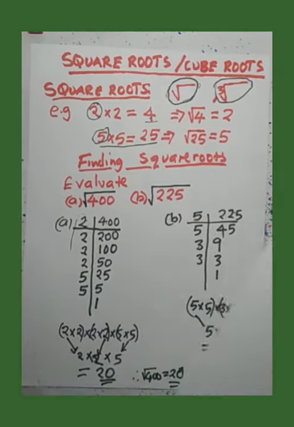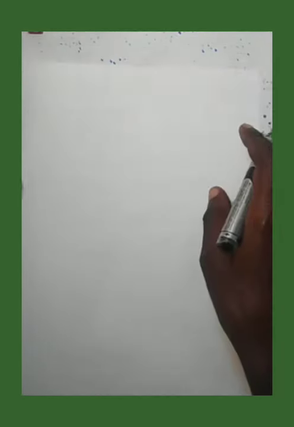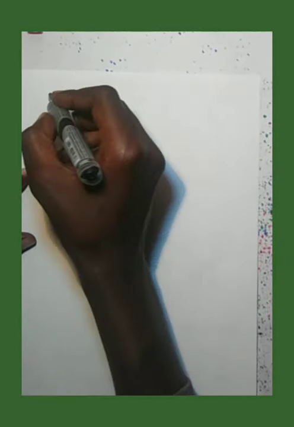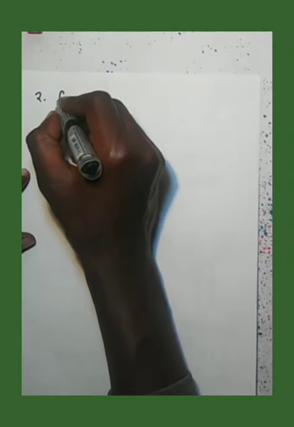And now we can look at cube roots. Okay, so let us look at cube roots now. We are just going to put it there on top. So cube roots, we'll call it question 2.